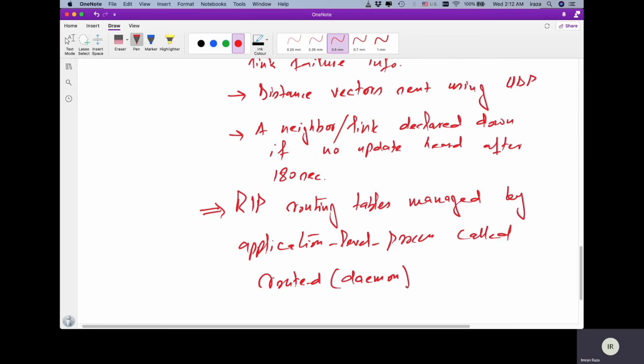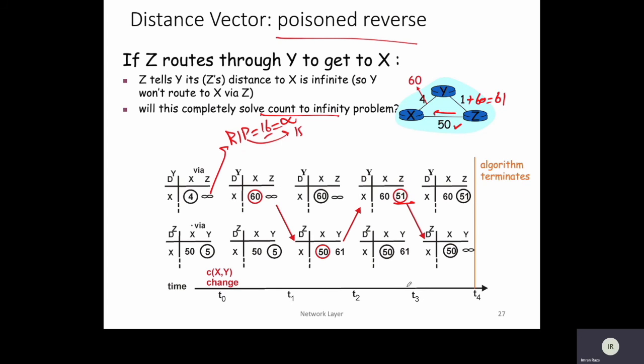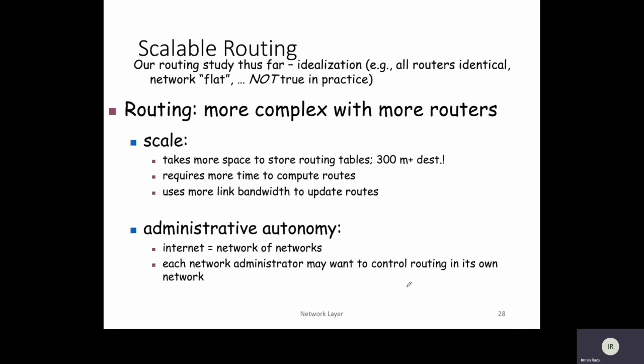Okay, right. Let's go back to the slide set and talk about scalable routing. Now, the problem here is that up till now, we have assumed a simple scenario where all the routers are identical in a network, or the networks are flat, but this is not true.